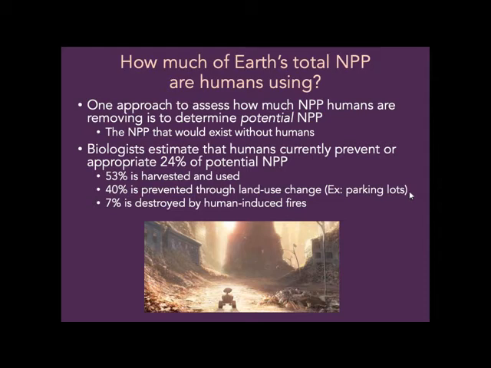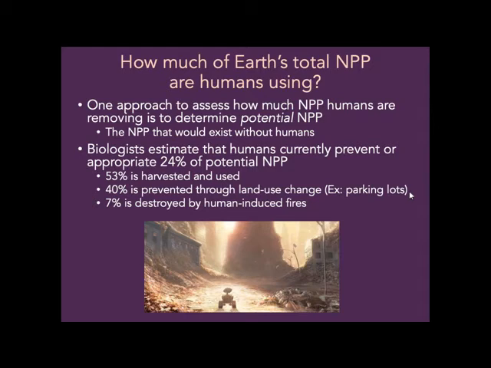So we currently estimate that humans either prevent or appropriate 24% of potential NPP. What do you mean by prevents? Well, they put like a parking lot up or something like that, and then plants can't grow. So it's like they're not using the NPP, but they're doing something that keeps it from growing. Oh.